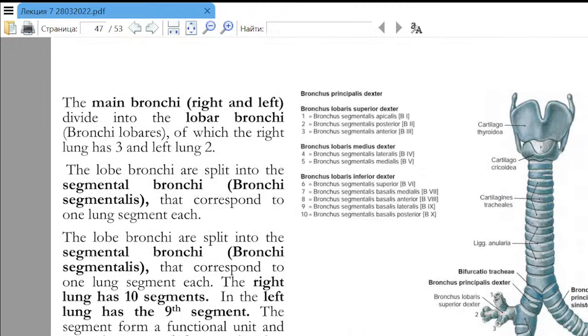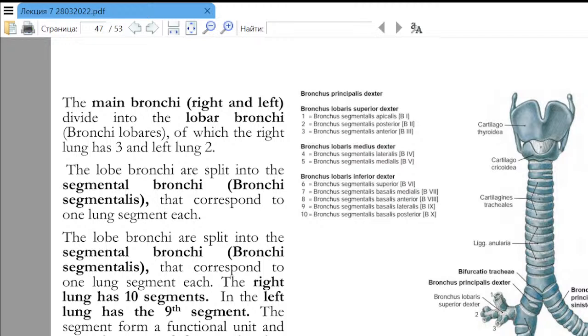The main bronchi, right and left, divide into the lobar bronchi, bronchus lobaris, of which the right lung has 3: 1, 2, 3, and the left lung 2 bronchi.